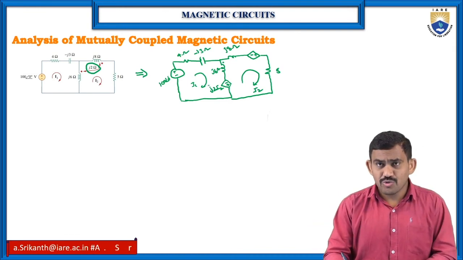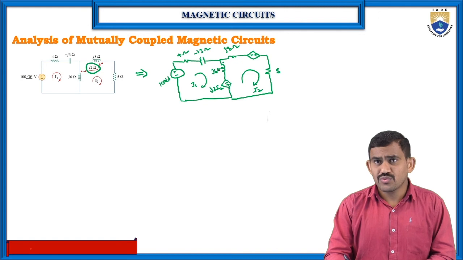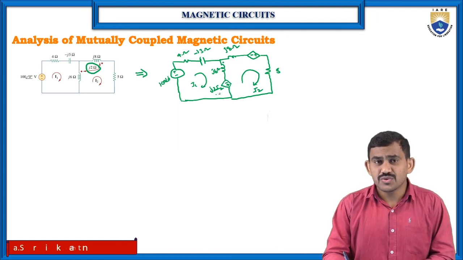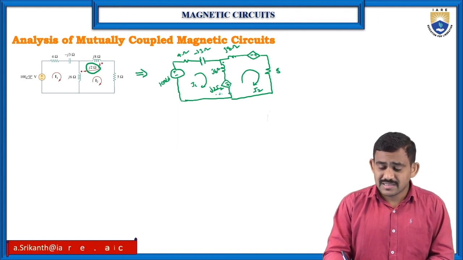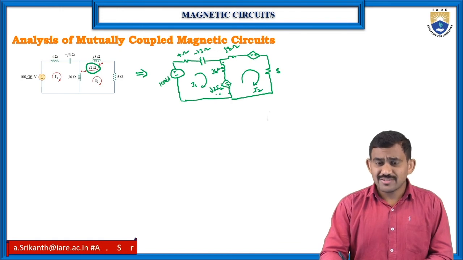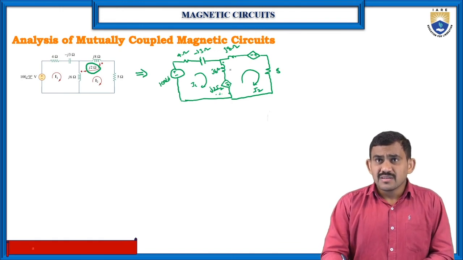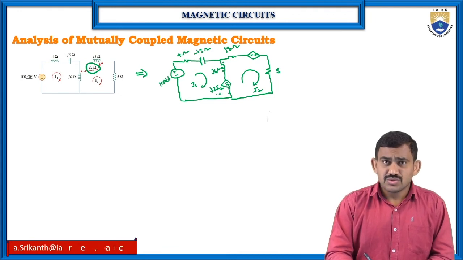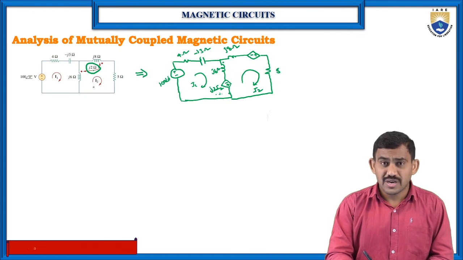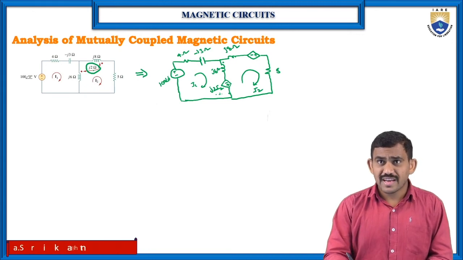So for loop 1 we have J2 into I2. Why I2? Because we have mutual coupling with the 8J, so that J2 value is with loop 2, not loop 1. So we have the I2 current.